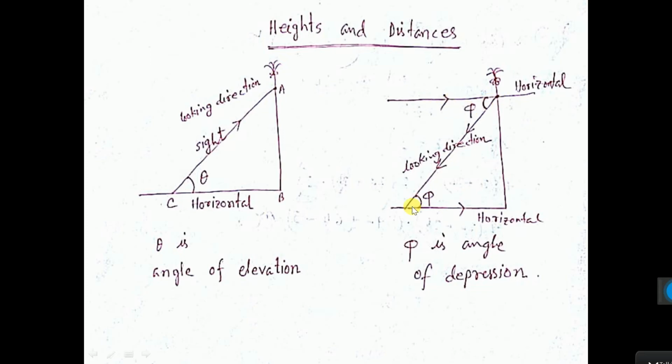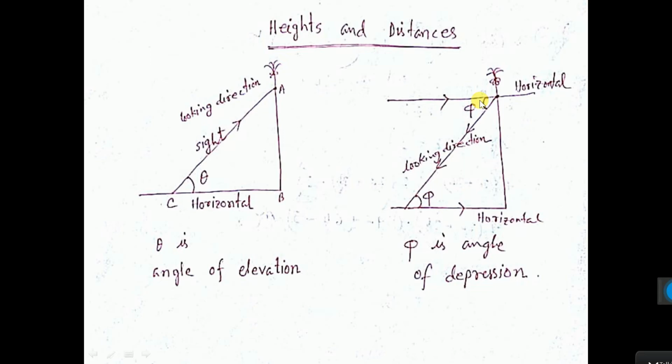And since this line and this line are parallel, therefore this angle is equal to this angle. So I have written this is phi, this is also phi. So this is the angle of depression. So at the top, angle of depression is created.